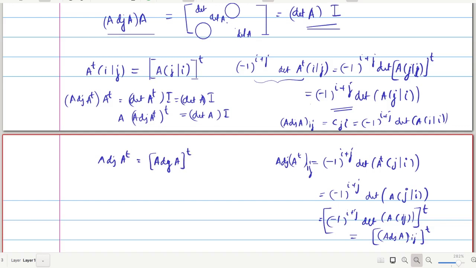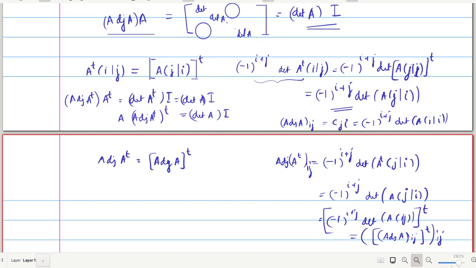Now we can write from this that adjoint of A transpose is the same as adjoint of A whole transpose. That is the meaning of this: the ijth entry of adjoint of A transpose is the same as the transpose of the ijth entry of this matrix. So this is the adjoint of A whole transpose.